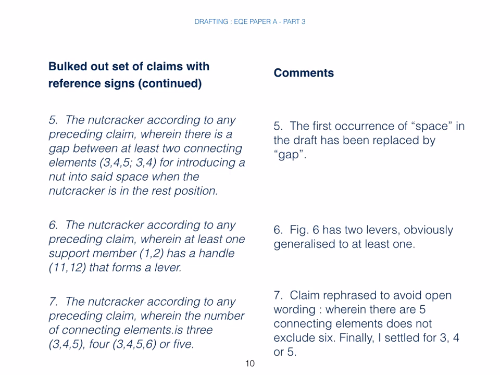The original claim wording was wherein there are 5 or so many connecting elements, and that does not exclude 6 or 7 or 8, whereas wherein the number of connecting elements is 3, 4, or 5 does exclude 6 connecting elements. So the claim has been definitely limited.